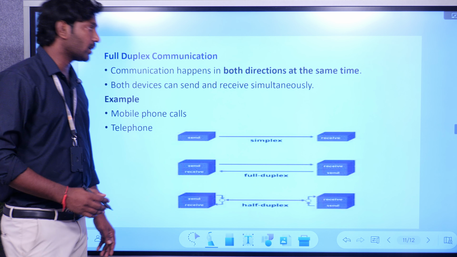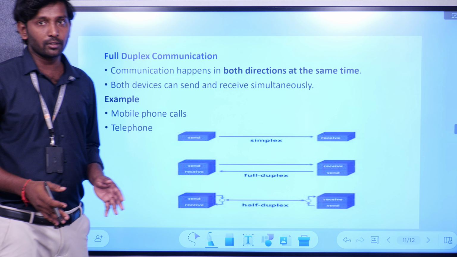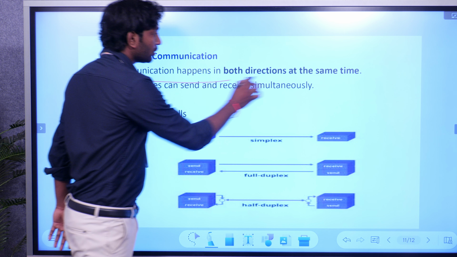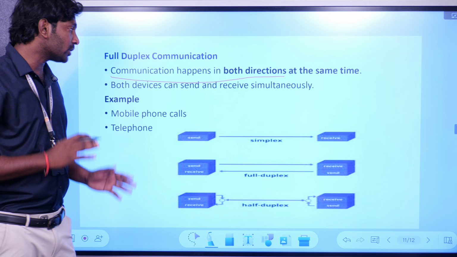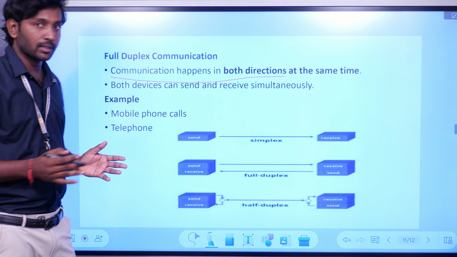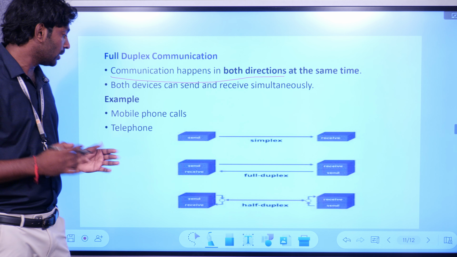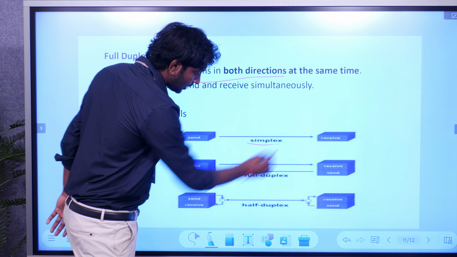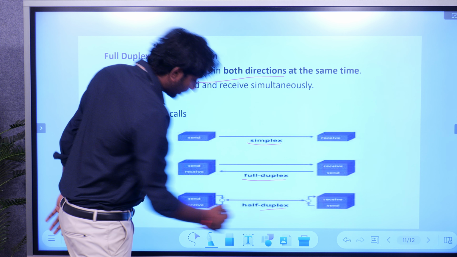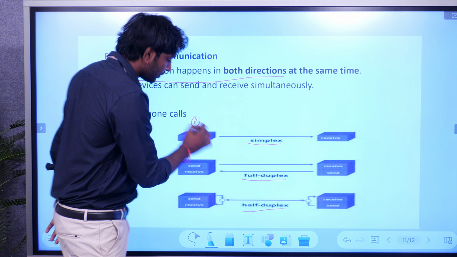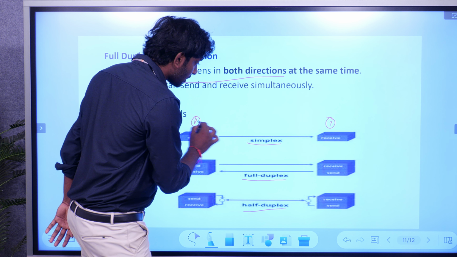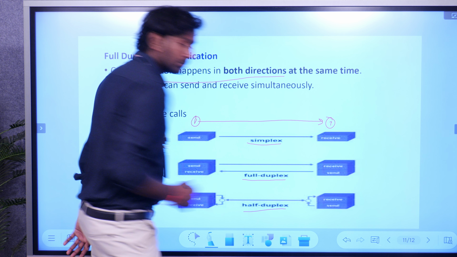And full duplex communication. We are using full duplex communication nowadays in mobile phones. Communication happens in both directions at the same time. Both devices can send and receive simultaneously. Examples are mobile phone calls and telephone. In simplex there is only one sender and one receiver, with communication on one side only.